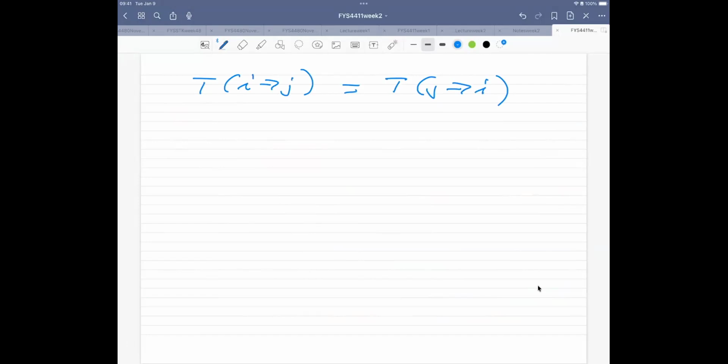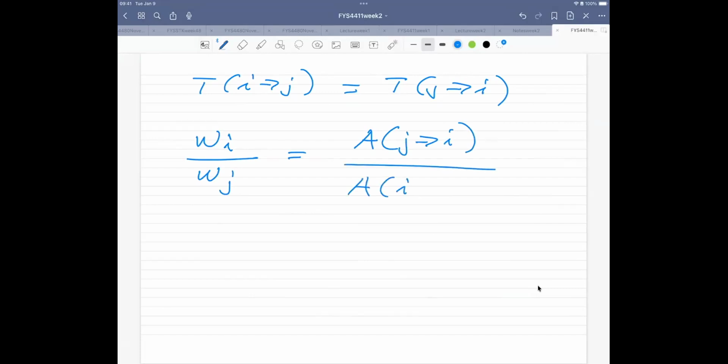And then everything simplifies to an easier expression, which is Wi divided by Wj is equal to the acceptance probability of going from J to I divided by the probability of the reverse process. This is the acceptance probability. But in principle, I should have kept all the rest there, right?